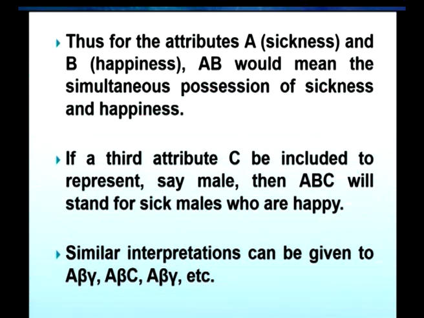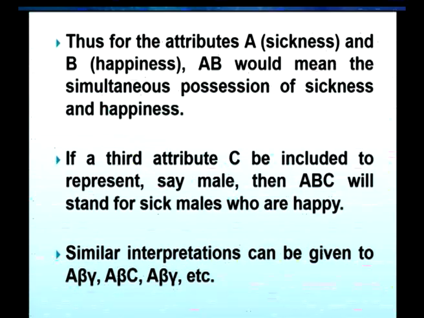It means A is sickness, B represents happiness and C represents males. So, ABC will stand for a sick male who is happy. And then similar interpretation can be given to A, beta, gamma. What does beta stand for?